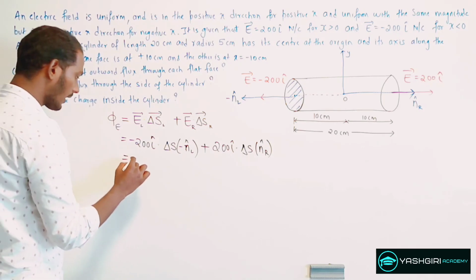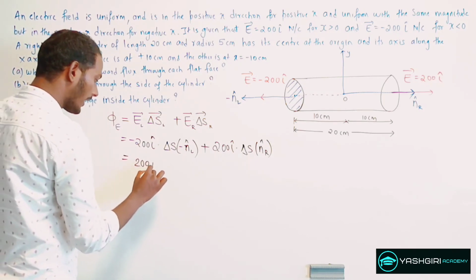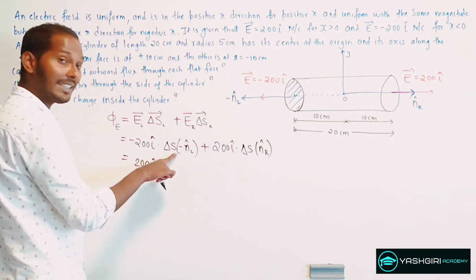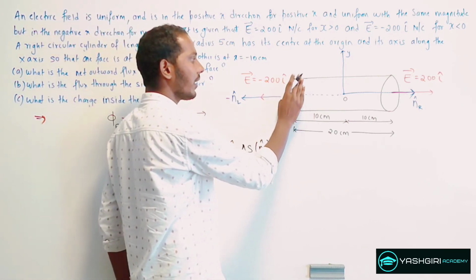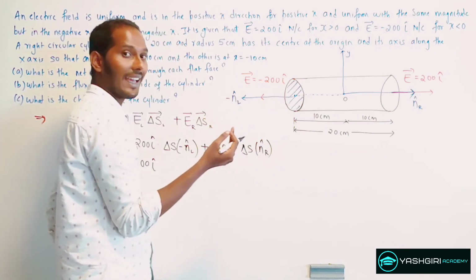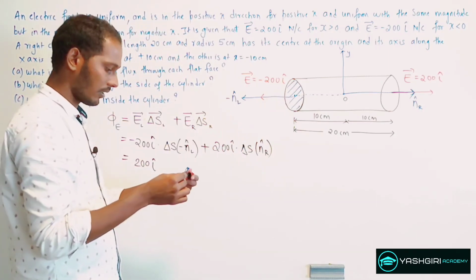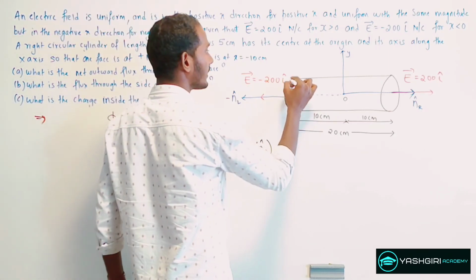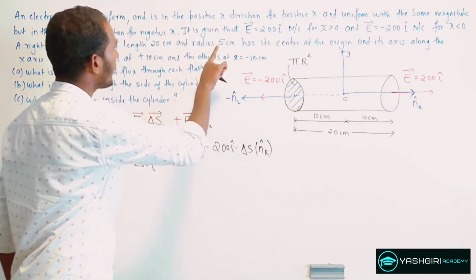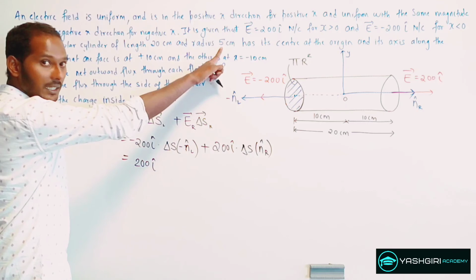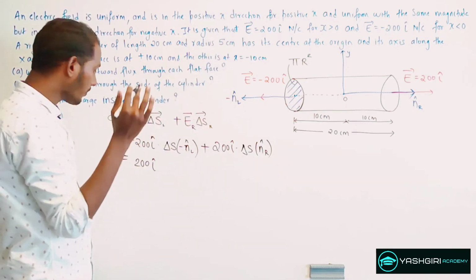So here I can say 200 i cap into delta S. Delta S is nothing but the surface area of the left face, which we calculated as pi r square. The radius is given as 5 centimeter, so I need to convert it into meters.